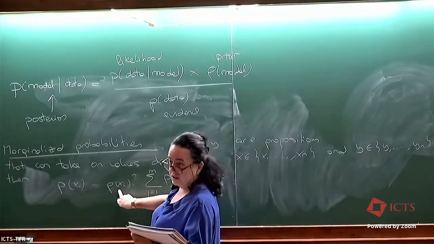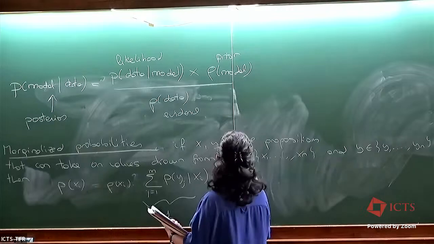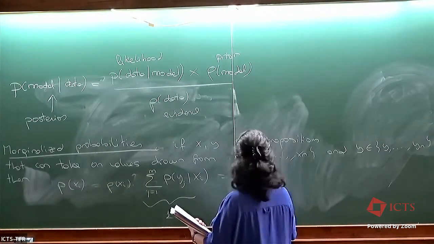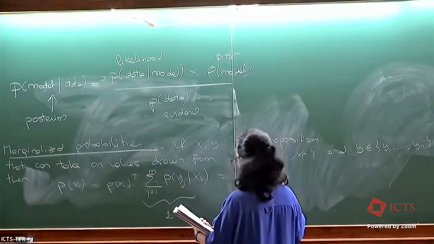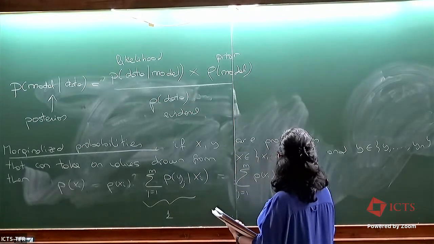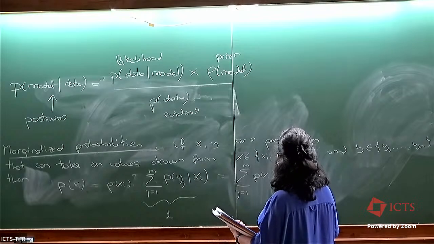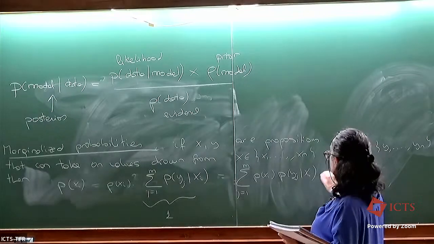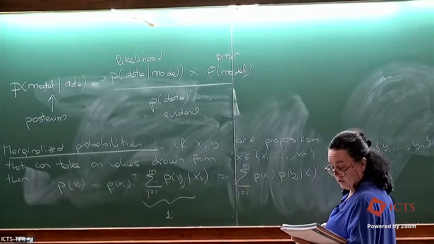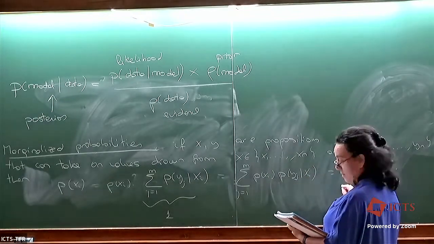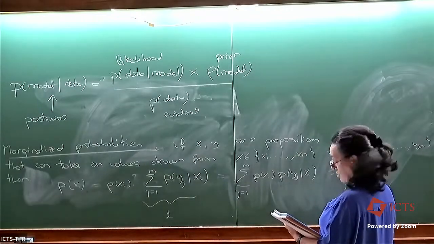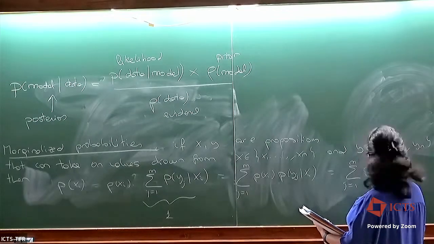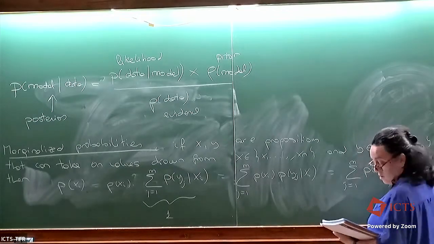Then I can move this inside the summation. And these two things here are nothing else than the joint probability of these two quantities.